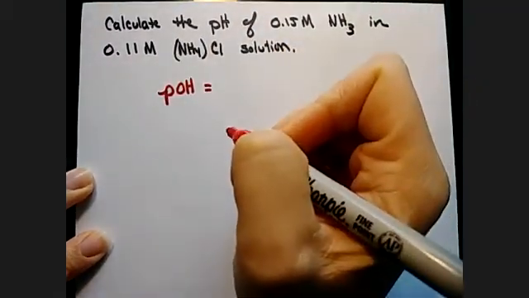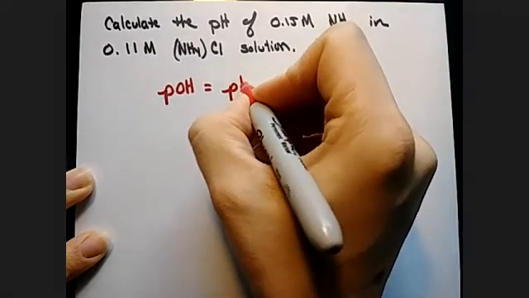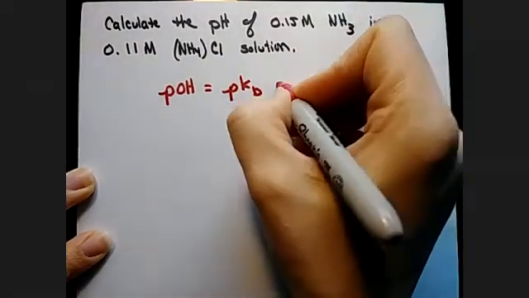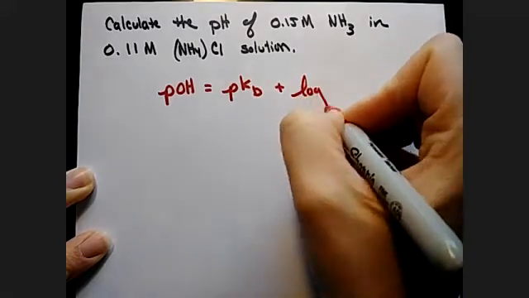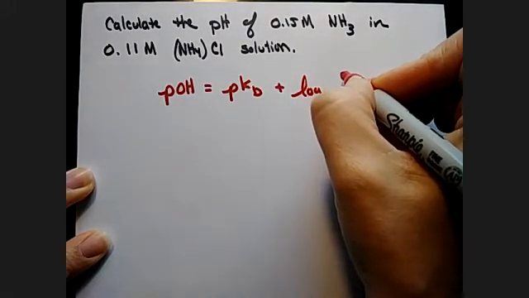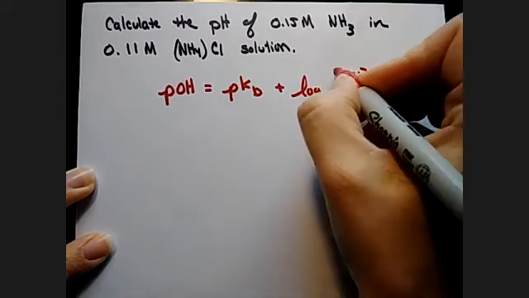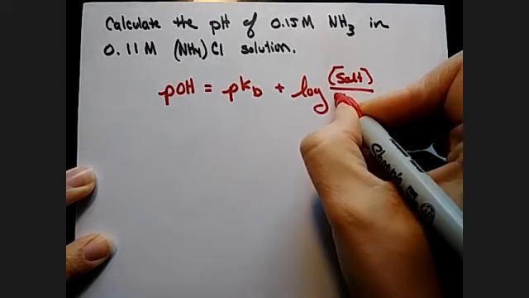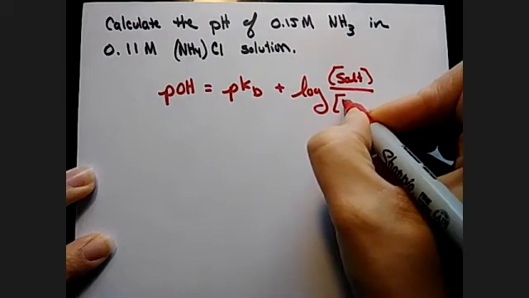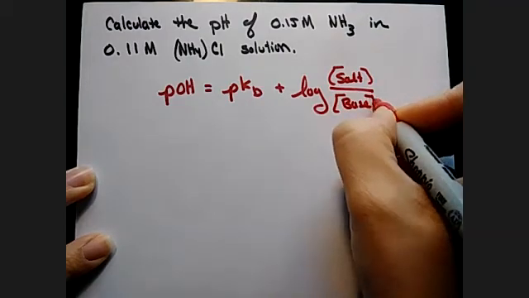Instead of pKa, we're going to put in the pKb plus the log, and of course the salt is going to stay the same. And then on the bottom, instead of having my acid, we're going to put in the base.